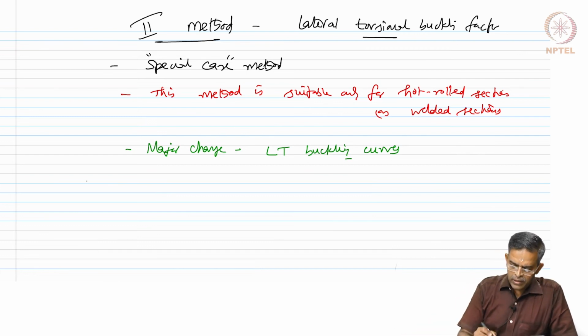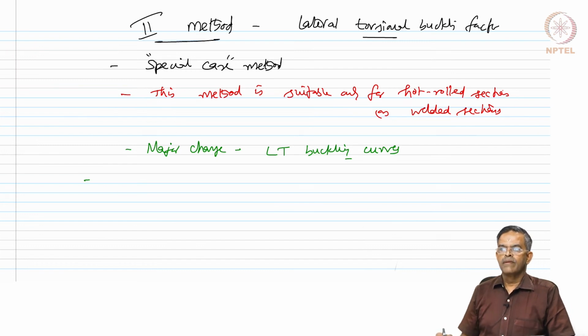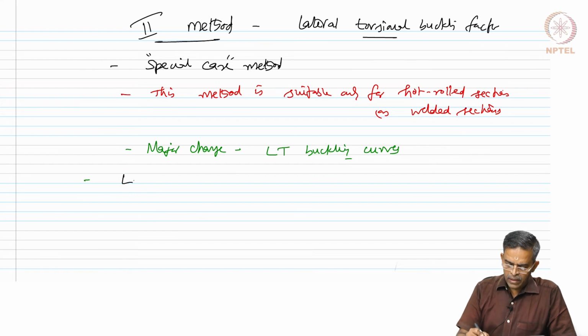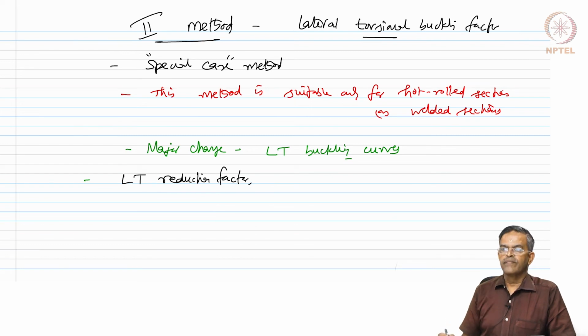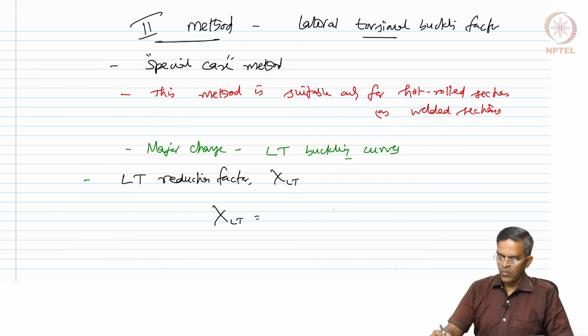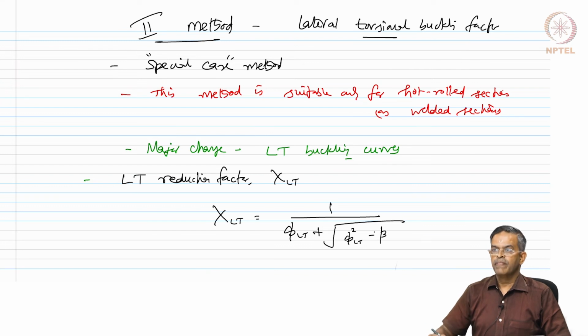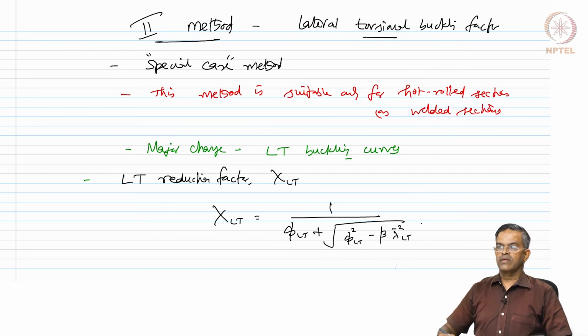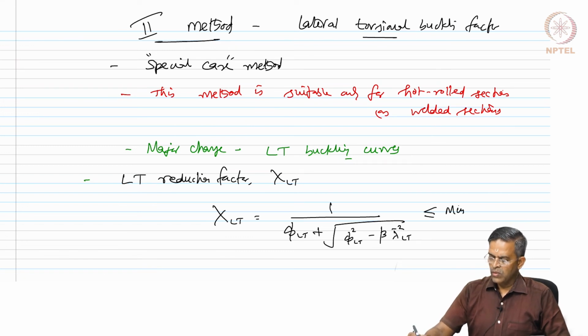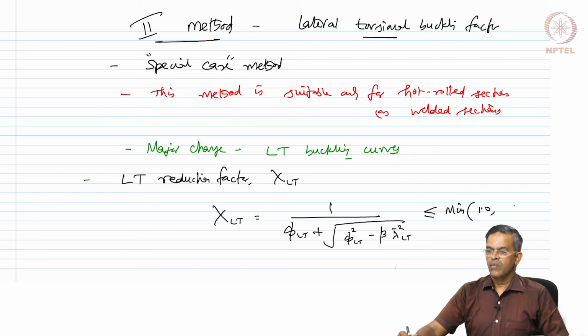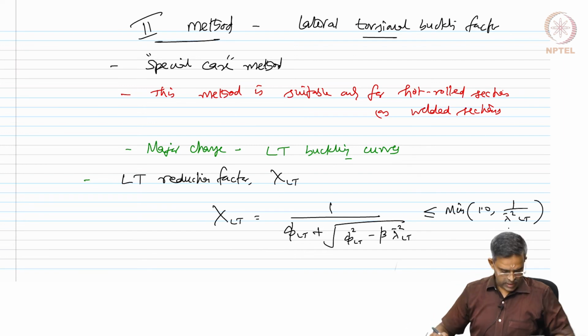Okay. So, according to this method, the lateral torsional buckling reduction factor, which is psi LT, is given by 1 by phi LT plus square root of phi LT square minus beta lambda bar square LT, subject to a value which is minimum of 1 by lambda bar square LT.